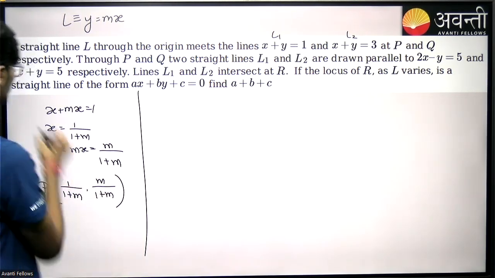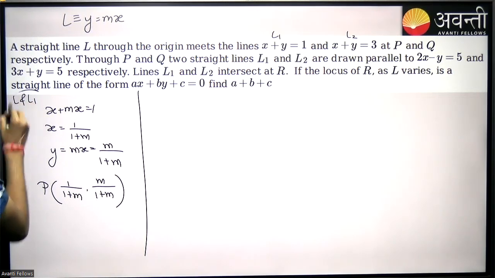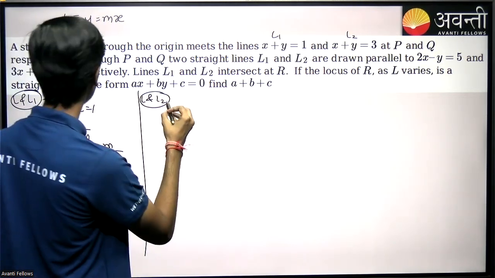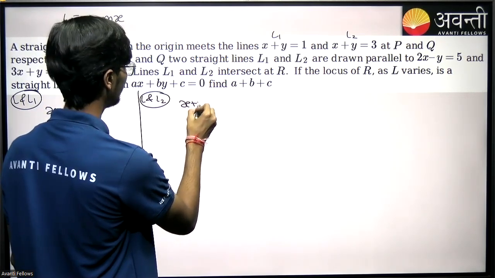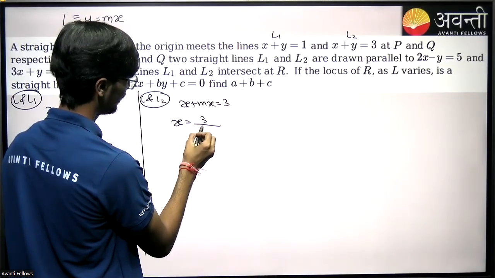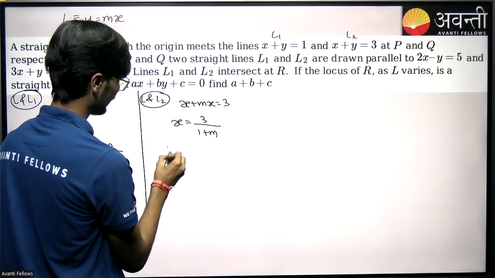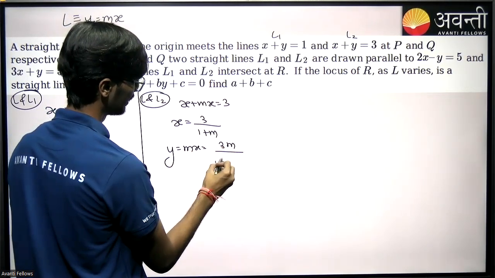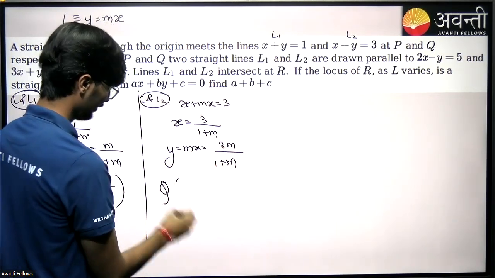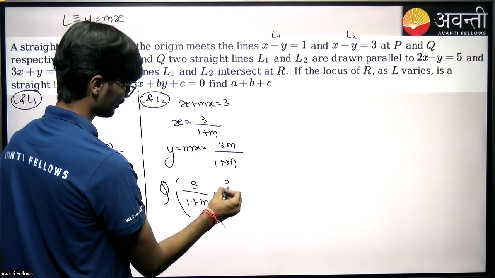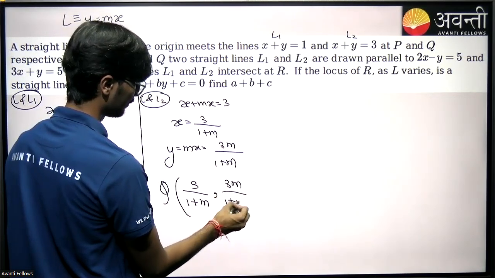Similarly, solving L and L2, I'll get x plus mx equals 3. So x equals 3 upon 1 plus m, and y equals mx, that means 3m upon 1 plus m. So I got the point Q: 3 upon 1 plus m, 3m upon 1 plus m.